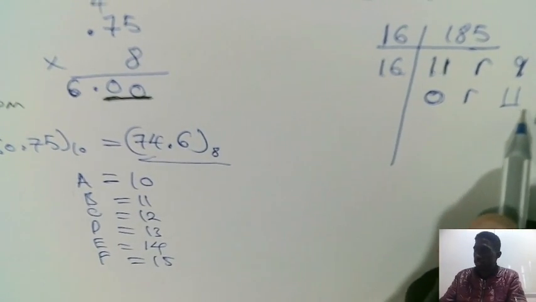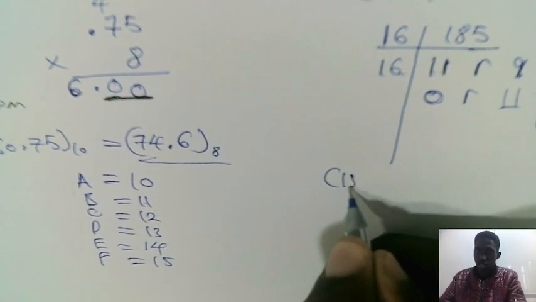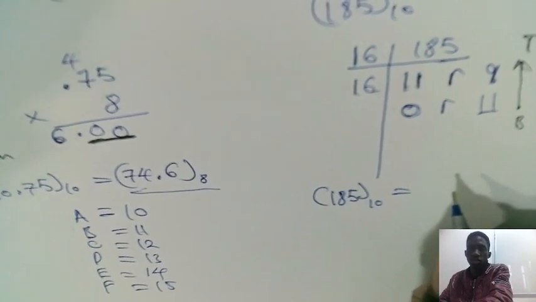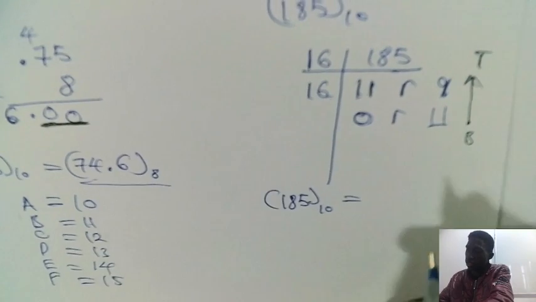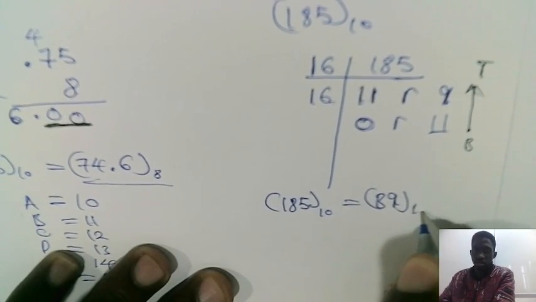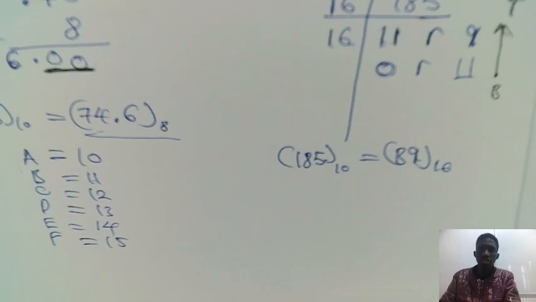So 11 in this case is B. So we write 185 in base 10 is equal to, instead of 11, we write B. So B9 in base 16. So there's our answer.